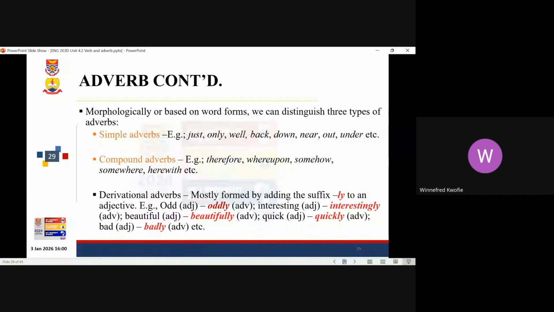Morphologically, or based on their form, we can talk about simple adverbs and compound adverbs, where the simple adverbs are made up of single words, and the compound adverbs are made up of compound words or double words put together.